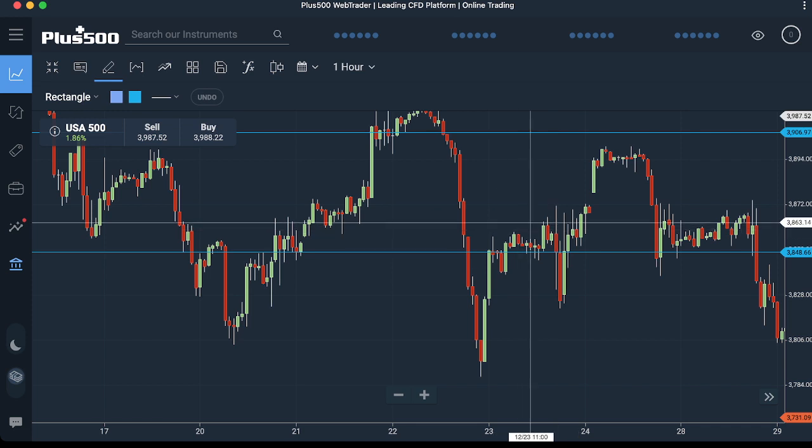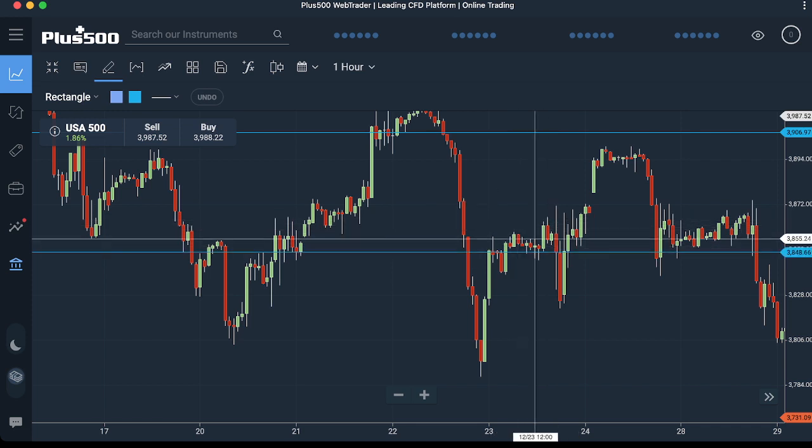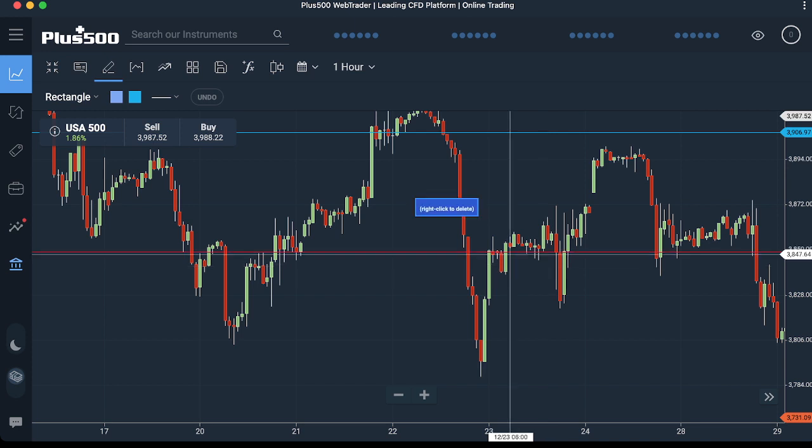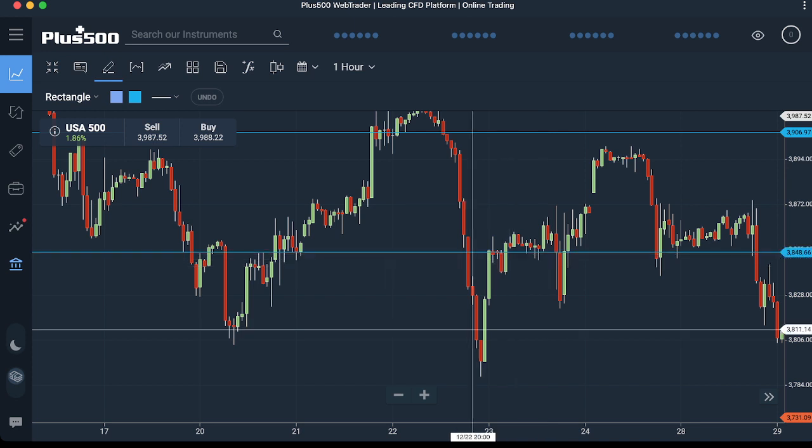As you can see, the price action is approaching this level, and by the way, you don't care about the overall bias, or whether this is a bullish order block or bearish order block, or bullish fair value gap or bearish fair value gap.